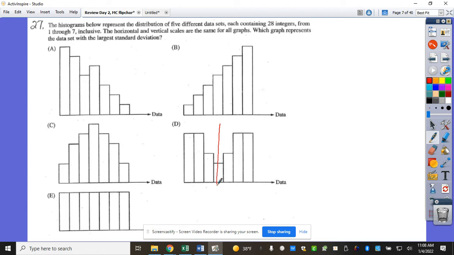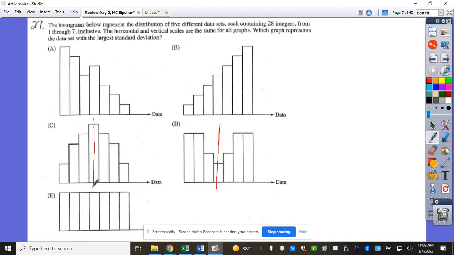The middle is definitely, it's symmetrical, so the mean is the exact center. Where is the majority of this data in relation to the mean? Close to the mean. So this tallest bar would have a pull of 0 from the mean. So it's contributing a pull of 0. Here, where is most of it?